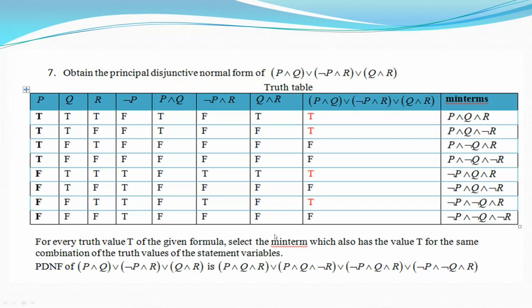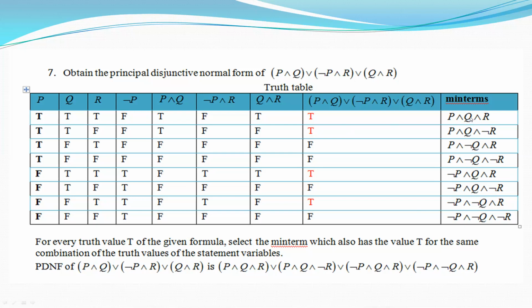After that, to find PDNF, you have to take the truths. This is true. What is true here? P and Q and R. This one, and this. Take the min terms and write their disjunction.